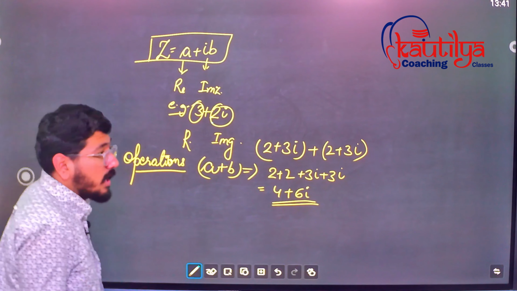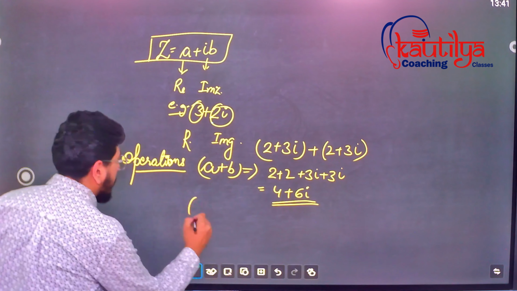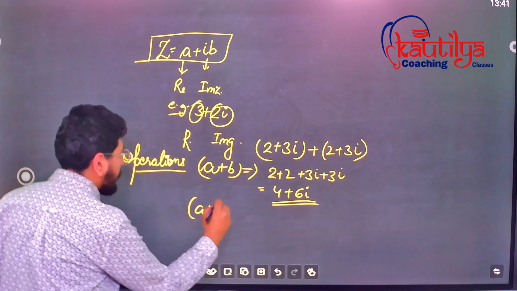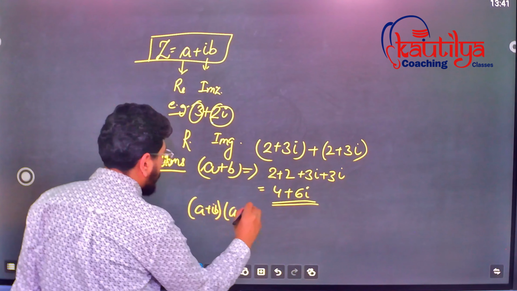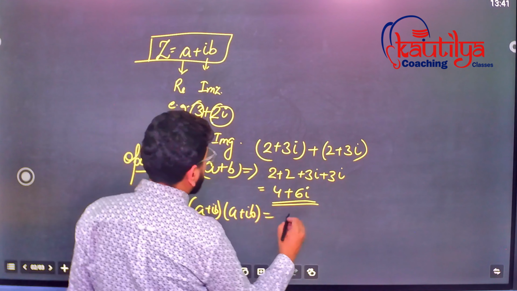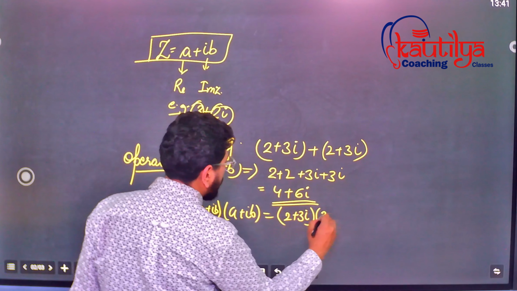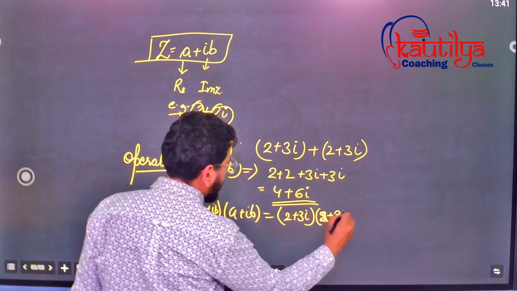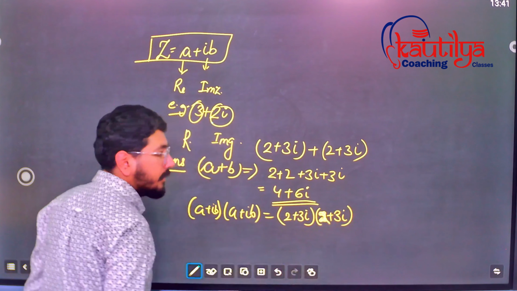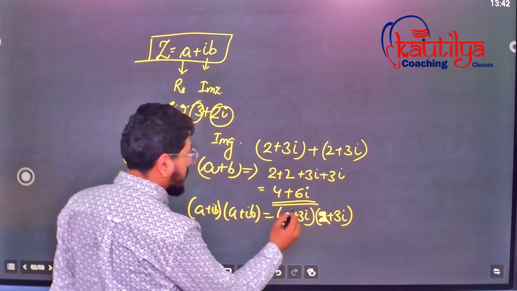Okay, but if you are talking about the multiplication operation, that is a plus iota b multiplied by a plus iota b, right? For example, 2 plus 3 iota into 2 plus 3 iota. What will be the answer?